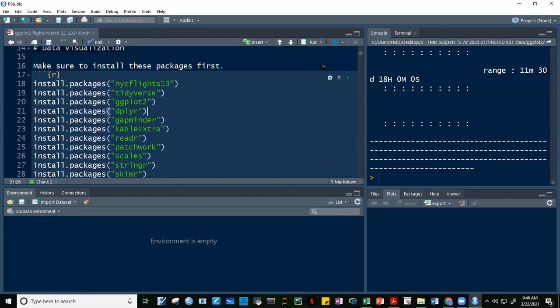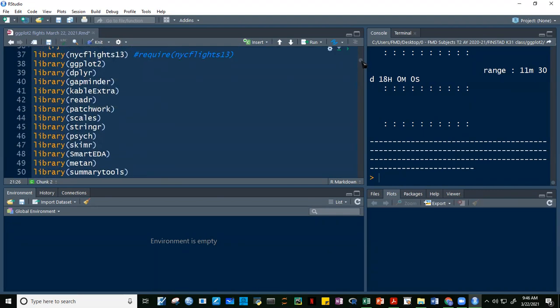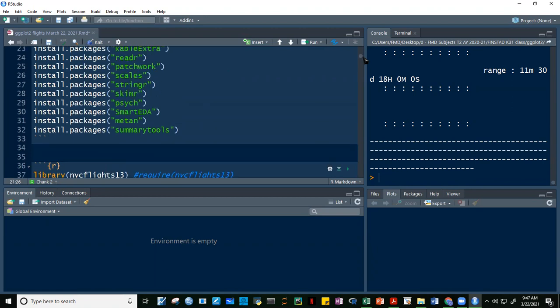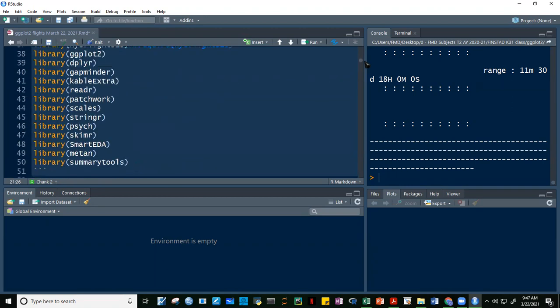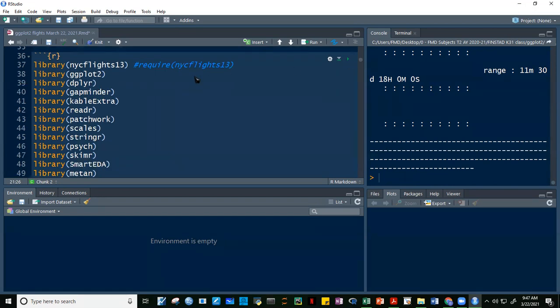Kindly just include tidyverse, and then also summarytools. Okay, and then may I request you to require these packages so that we'll be able to use them. I have already done that, so I won't do it anymore. If you're done, guys, with requiring the packages, kindly chat yes so that I may proceed.